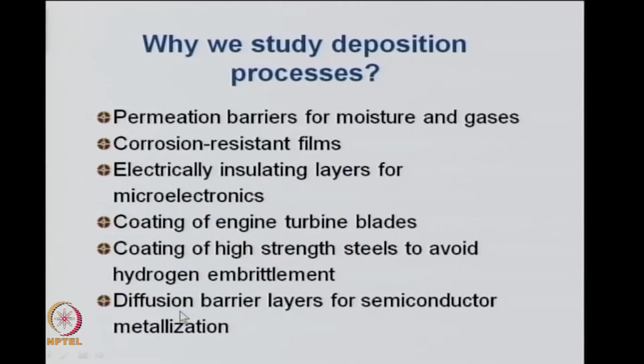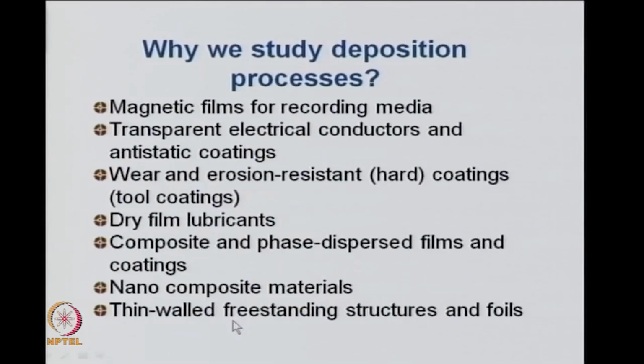You can make diffusion barrier layers for semiconductor metallization. You can make magnetic films for various kinds of recording media like DVDs or many other kinds of recording media. You need magnetic films, and these can be processed using the CVD technique.